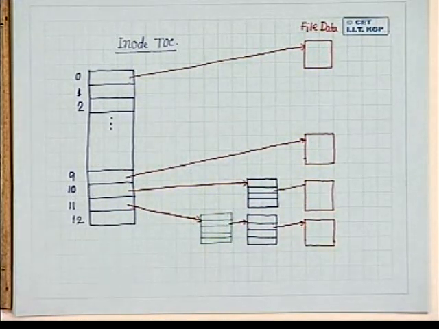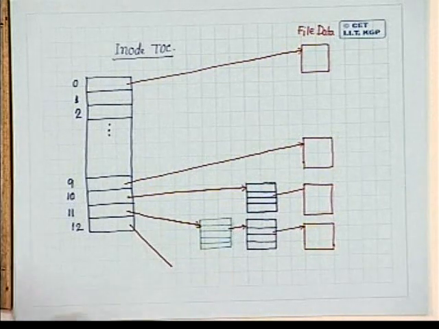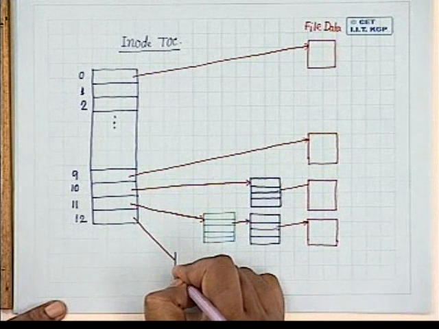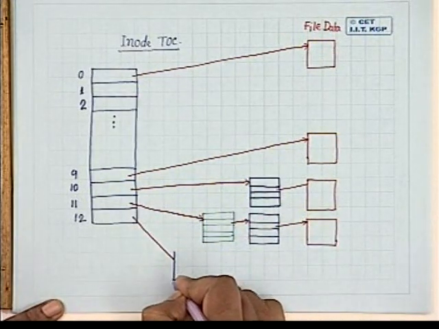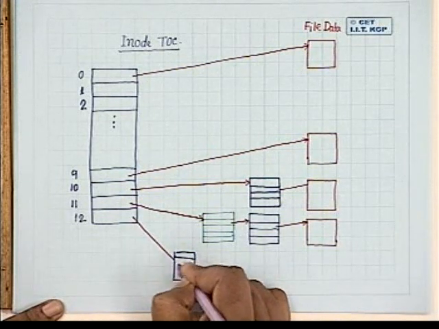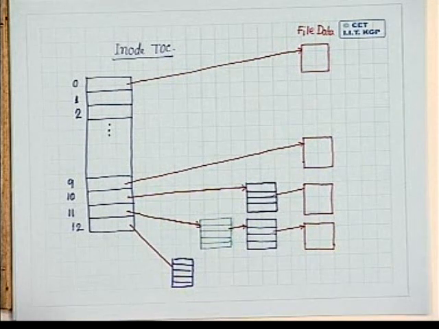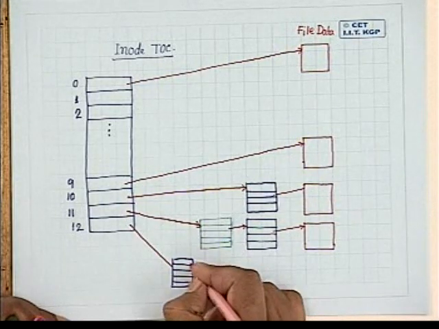Similarly, in case of triple indirect, this contains the address of a block that contains a set of pointers. Each of them points to a block which again contains a set of pointers.